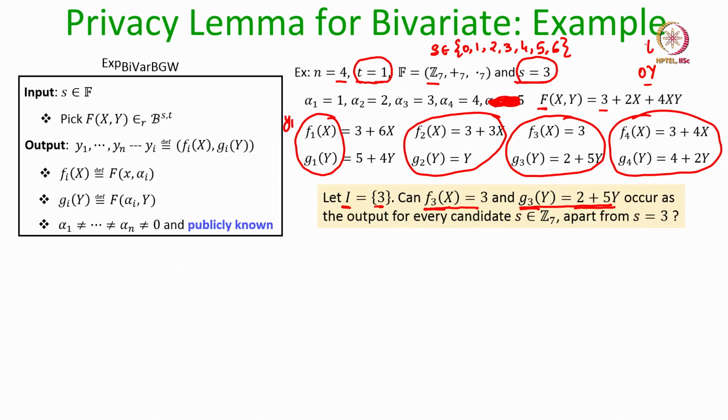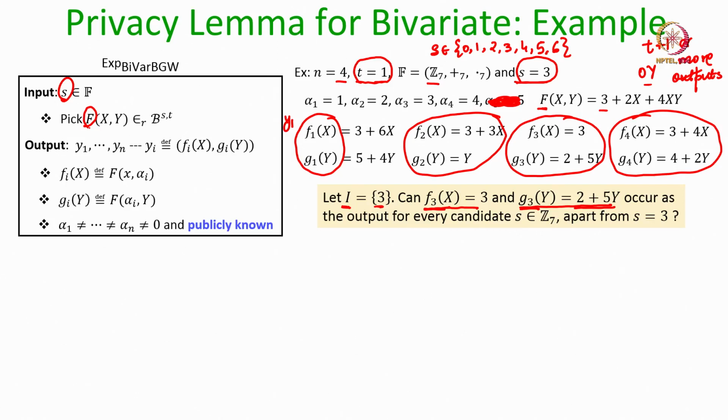If I give you t plus 1 or more outputs, then of course, you can find out what exactly was my input, because you will be seeing t plus 1 row and column polynomials on my bivariate, and t plus 1 row or column polynomials will be sufficient to uniquely identify my bivariate.